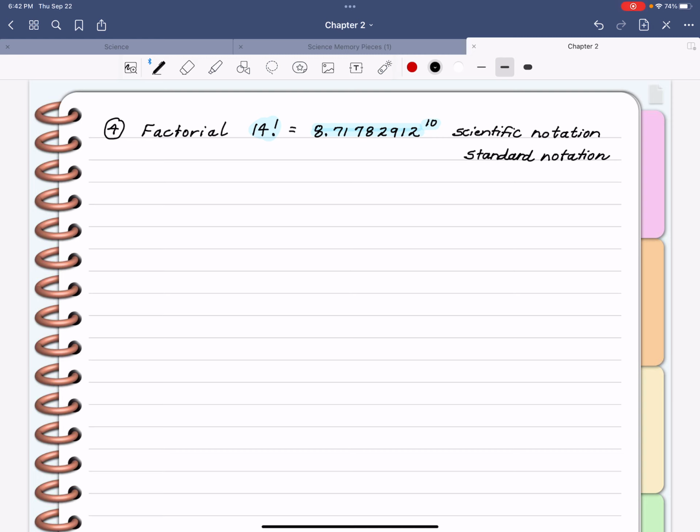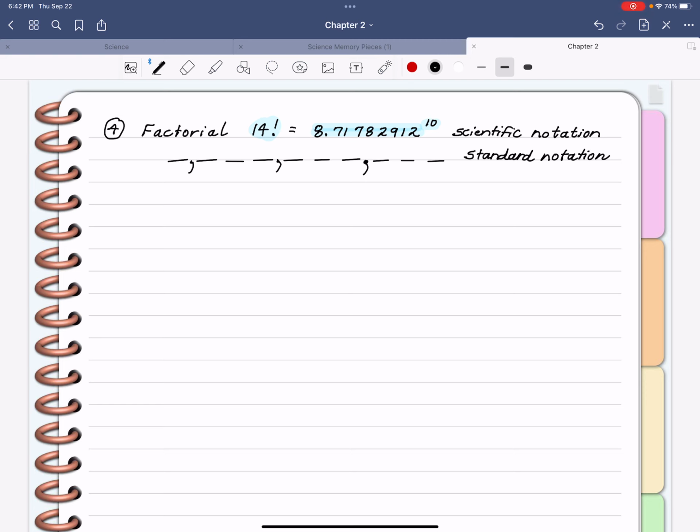And the key to this whole thing is sitting right here. See that 10th power? That means that we have 1, 2, 3, 4, 5, 6, 7, 8, 9, 10 spaces in our standard answer. And we know, we learned this back in first or second grade, that every 3 spaces gets a comma.